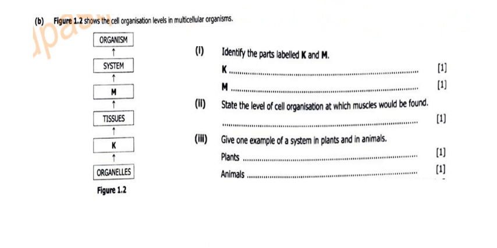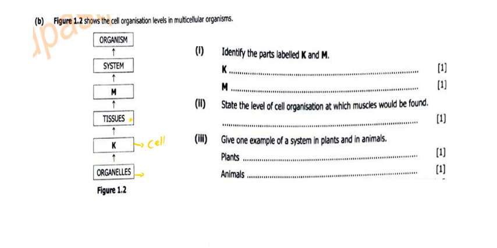Now, the question is saying identify the parts labeled K and M. Here what you just have to understand is this. A group of organelles performing similar functions make up a cell. And then a group of cells performing similar functions, contributing to the same goal, make up tissues.